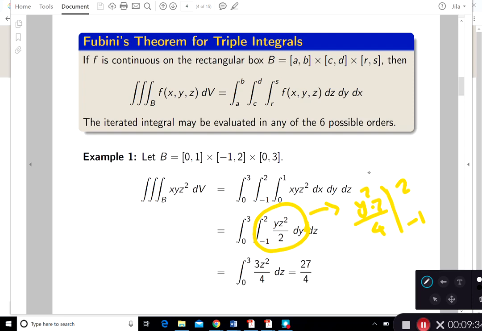Oh, this is z squared. And so when you plug in 2 and -1, you will end up with 3/4 of z squared, and then you take the antiderivative with respect to z and you find the final answer.